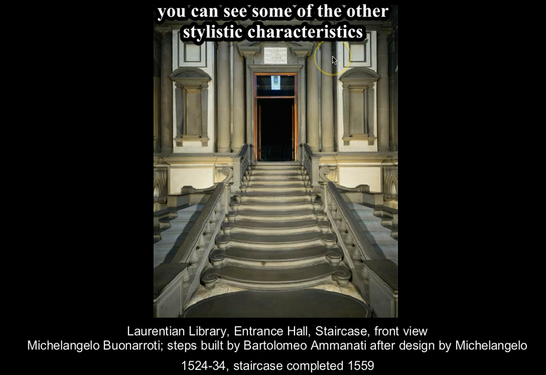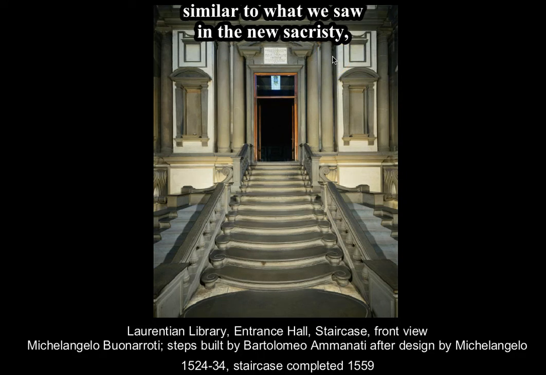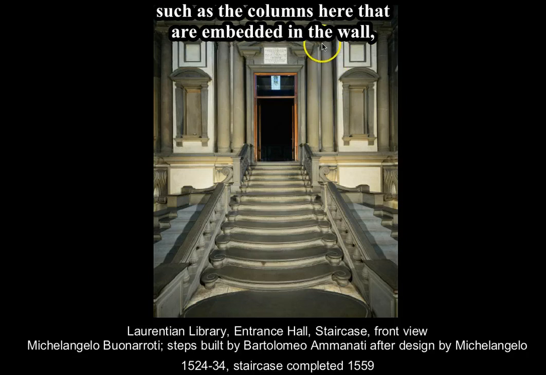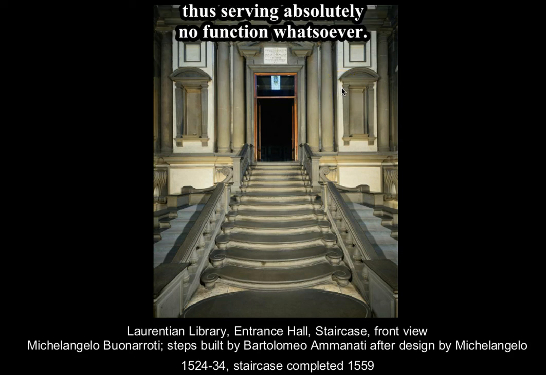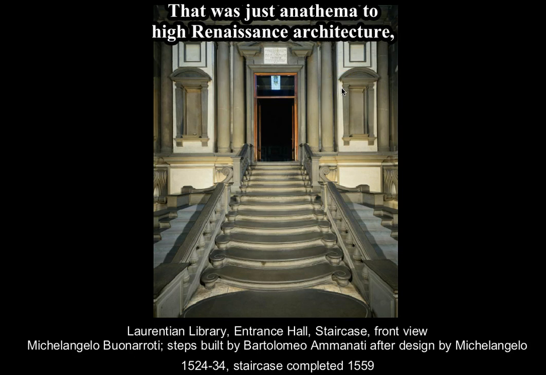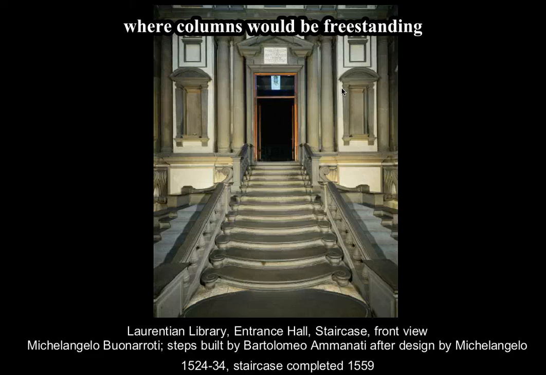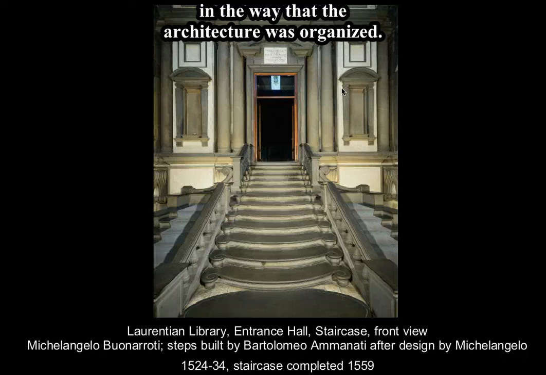You can see some of the other stylistic characteristics similar to what we saw in the new sacristy, such as the columns here that are embedded in the wall, thus serving absolutely no function whatsoever. That was just anathema to high Renaissance architecture, where columns would be freestanding and would serve a supportive function, and you would see that function clearly in the way that the architecture was organized.